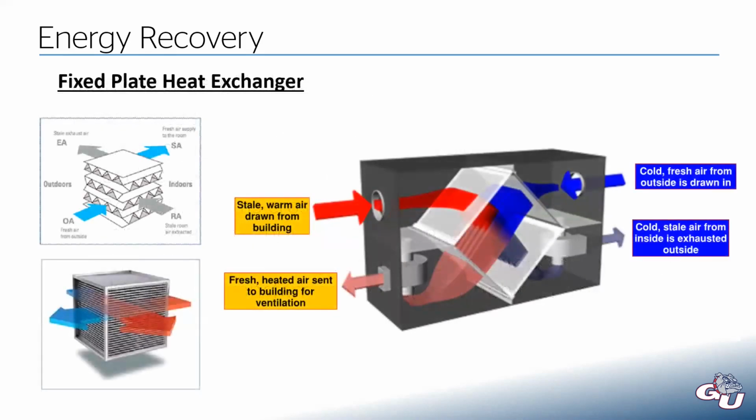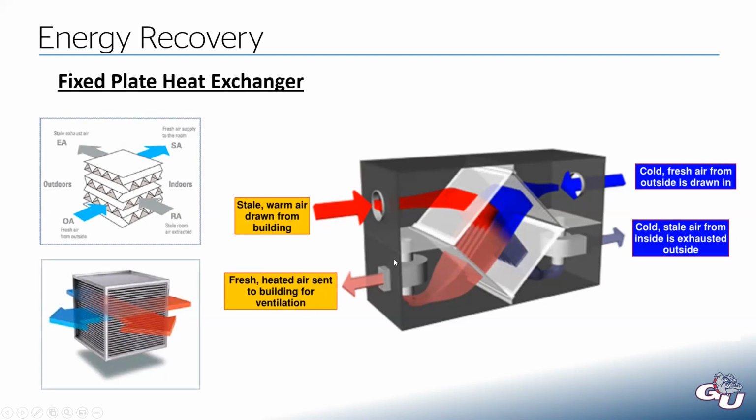So here's a fixed plate heat exchanger. So we have our cold, fresh air coming into the unit, going through our energy recovery core, is usually what they call these. We have our stale, warm air from the building coming in, crossing through the same heat exchanger. And as those air streams cross, they transfer heat energy.